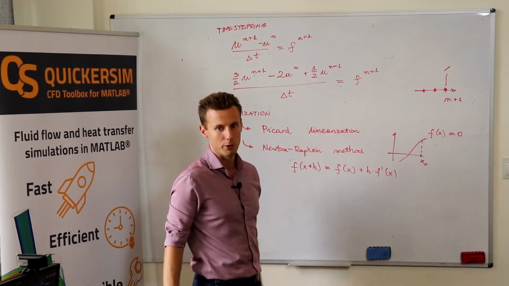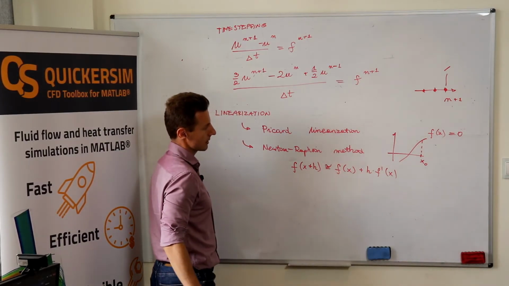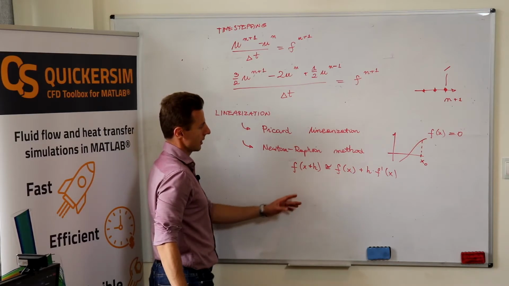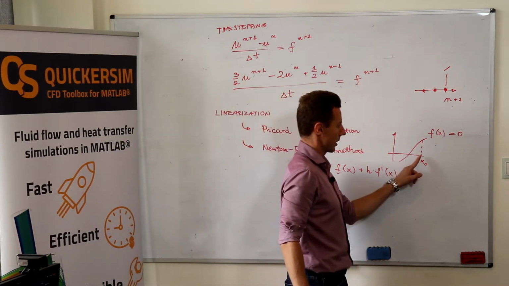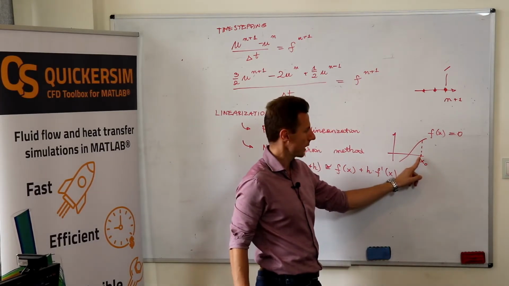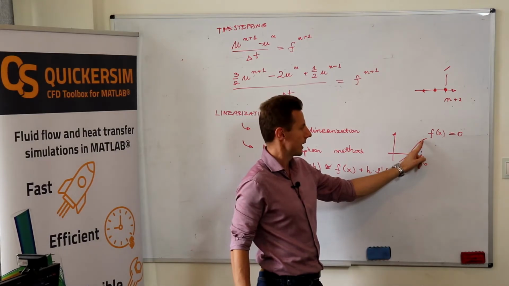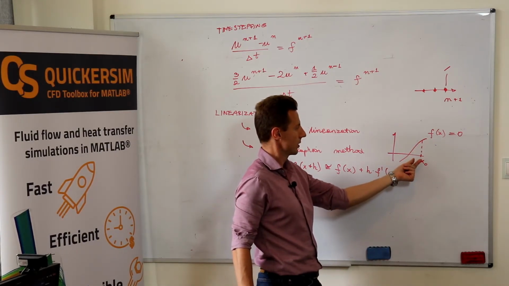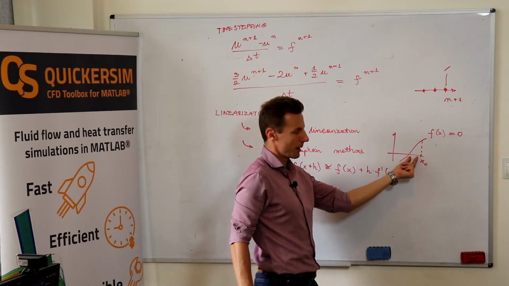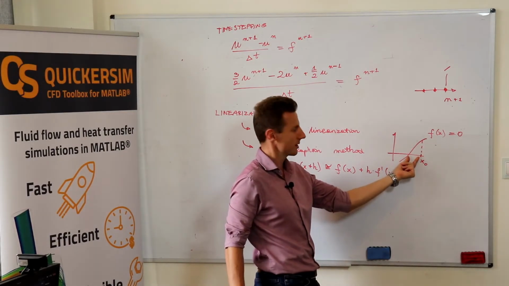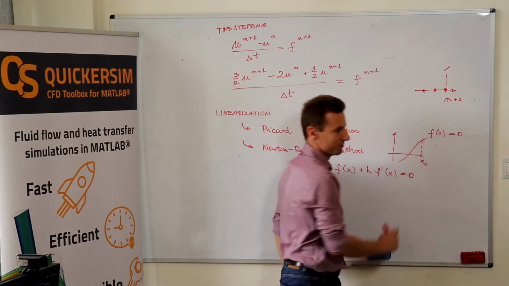But we omit the higher order terms, so it's an approximation. The idea of the Newton method is: I'm here, I know the value, I can calculate the derivative, and I want to move by h such that after I move there, the result will be 0.